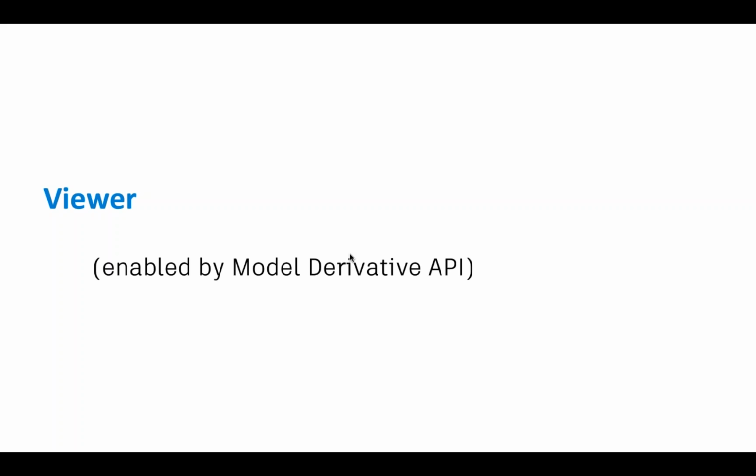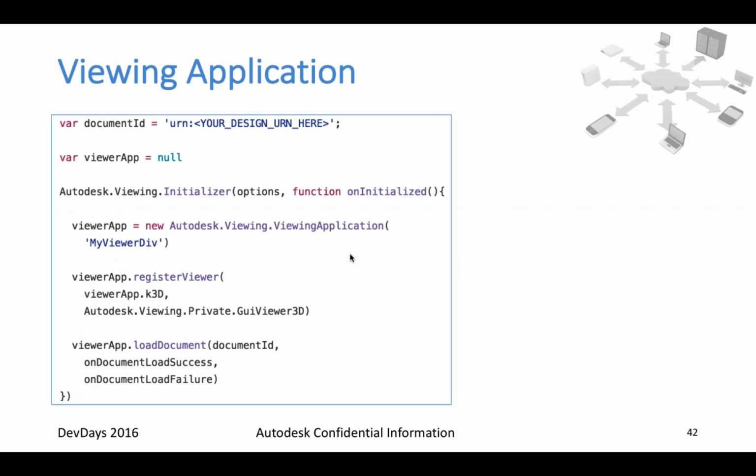So you upload your file using the data management API, then you translate the file to SVF using the model derivative. And then you can create a web application which is using the viewer component in order to load the files on the web page.